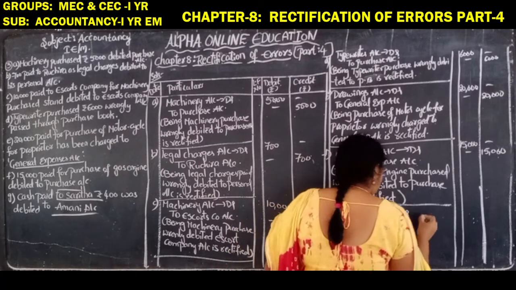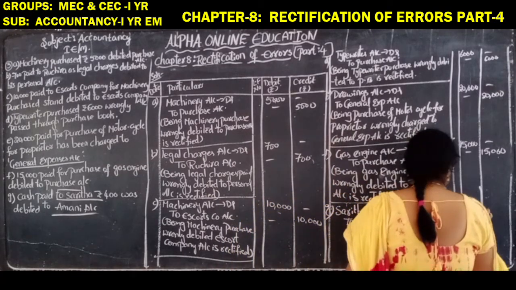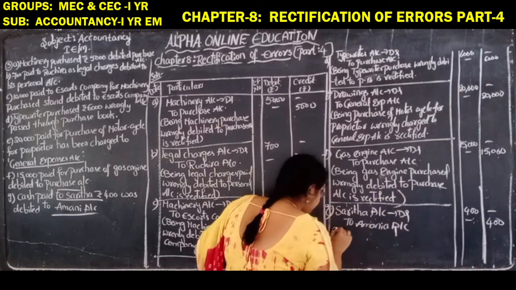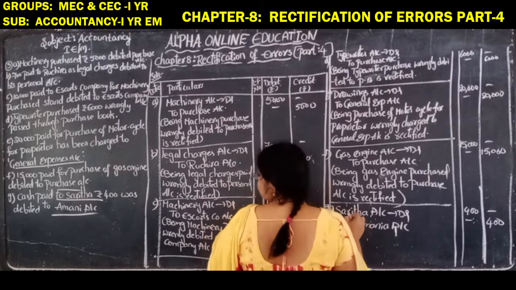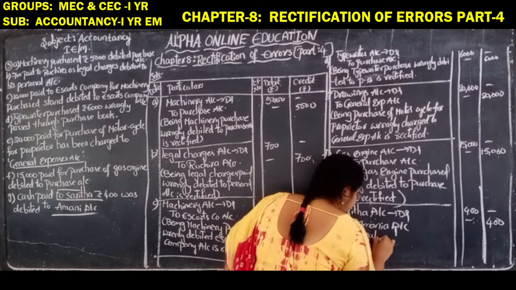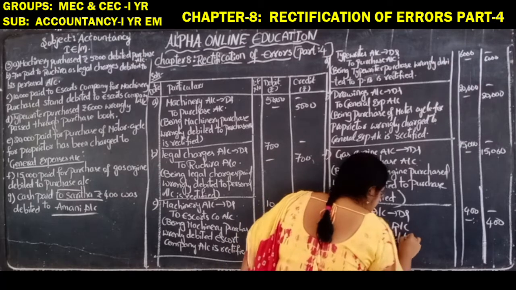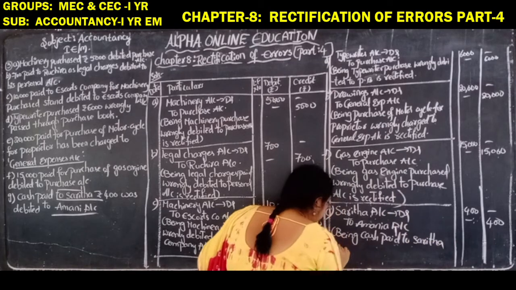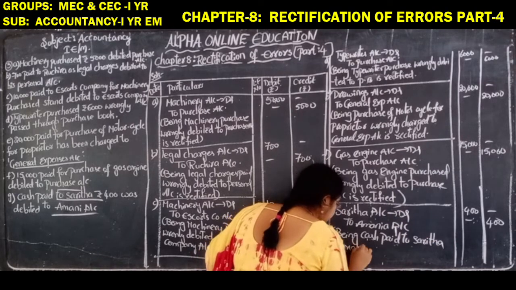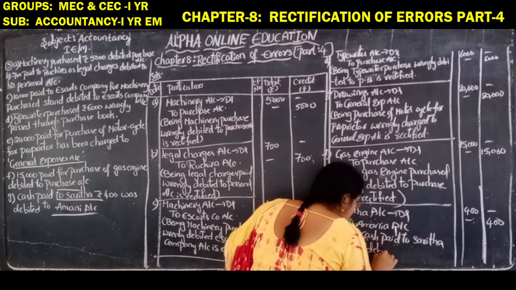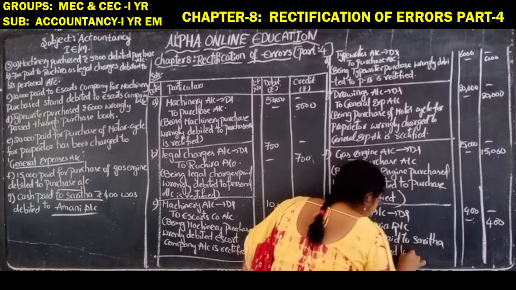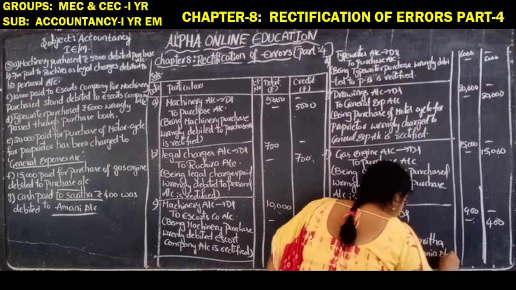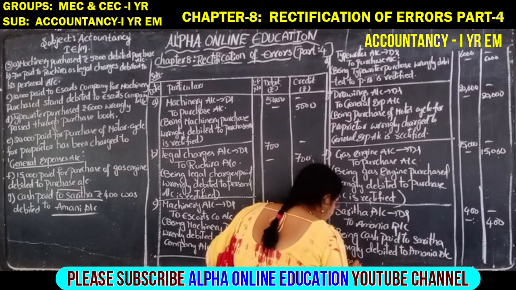How much is the amount? 400 rupees, this is 400 and this is 400. Write the narration. Being cash paid to Sarita wrongly debited to Amanya account is rectified.